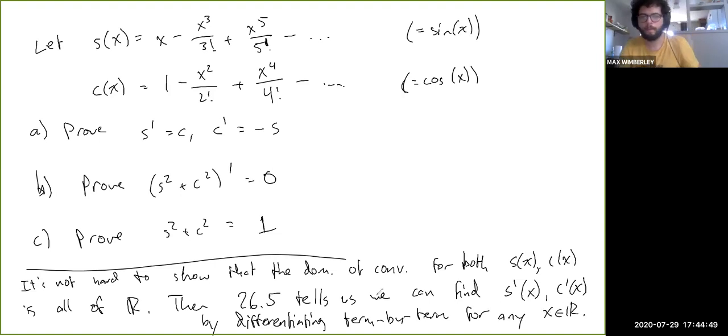Okay. So it's really the fact that they converge everywhere.